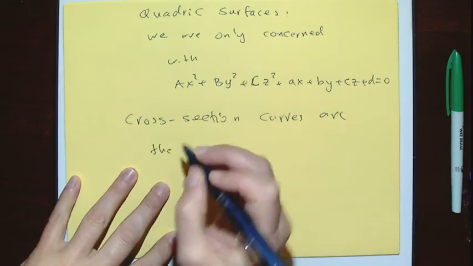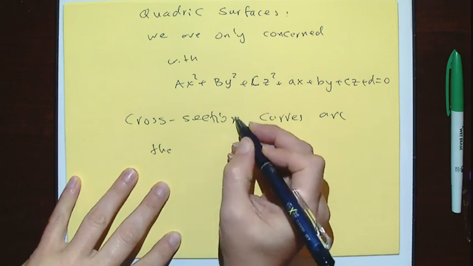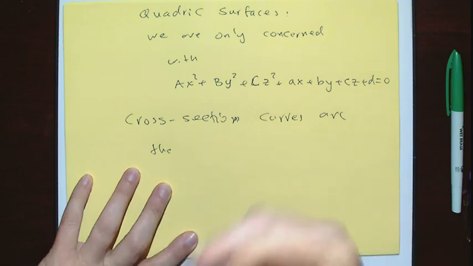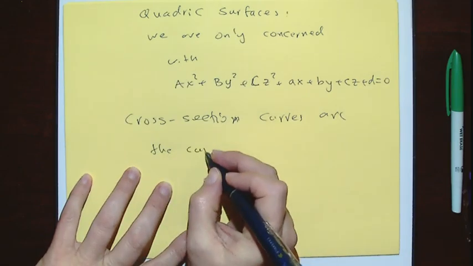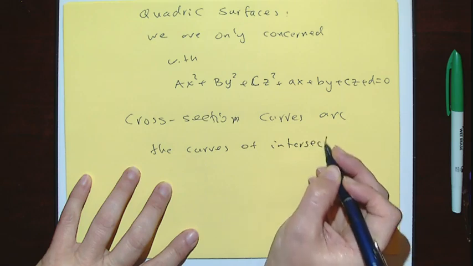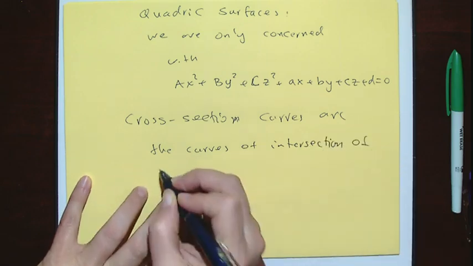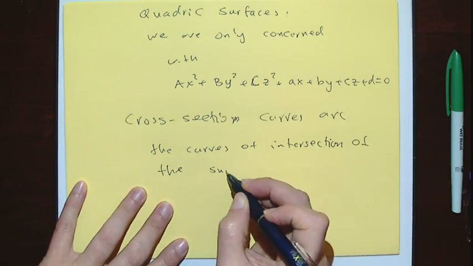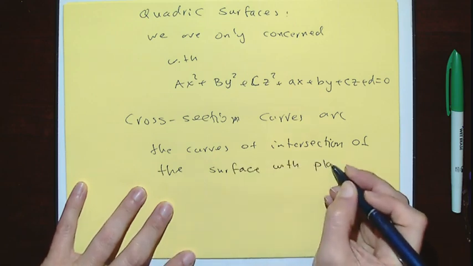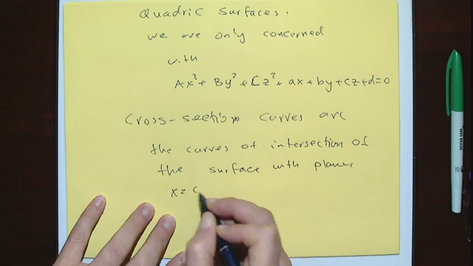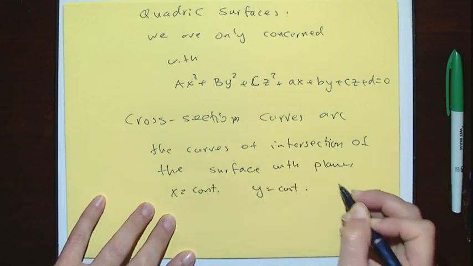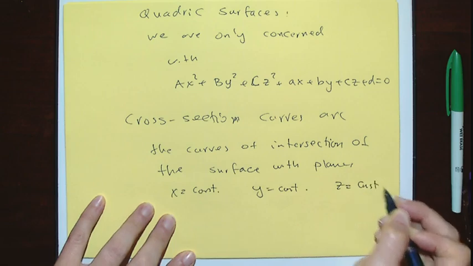In this course, when we say cross-section or cross-sectional curves, we're talking about the curves of intersection of the surface with planes x equal to constant, y equal to constant, z equal to constant.